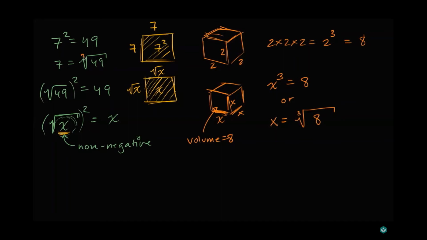If there's no number here, people just assume that it's the square root. But if you're figuring out the cube root, or sometimes people say the third root, well, then you have to put this little 3 right over here in this little notch in the radical symbol. And so this is saying x is going to be some number that if I cube it, I get 8. So with that out of the way, let's do some examples.